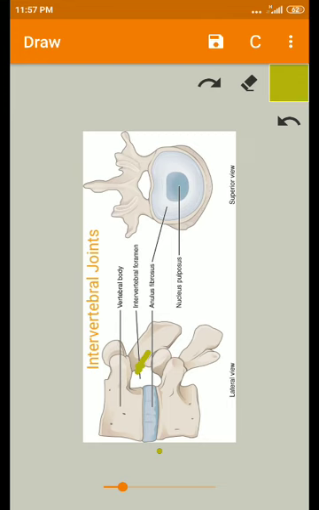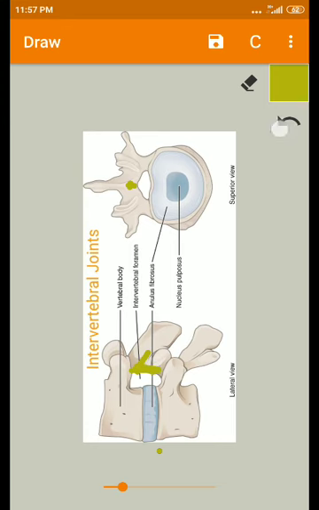The ligamentum flavum is attached from one lamina to the other lamina, and this ligament forms the posterior aspect of the vertebral canal.